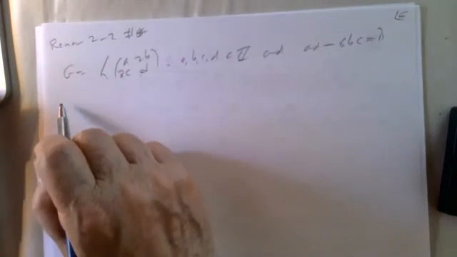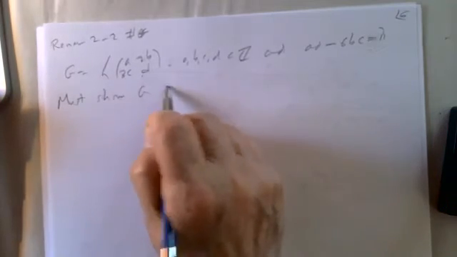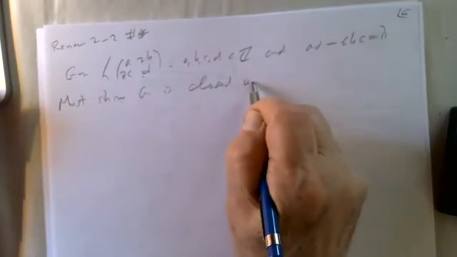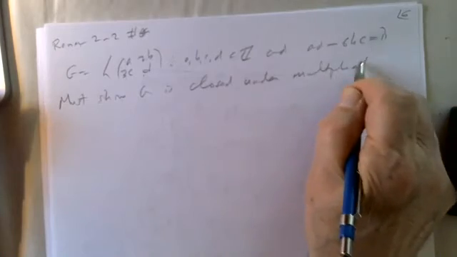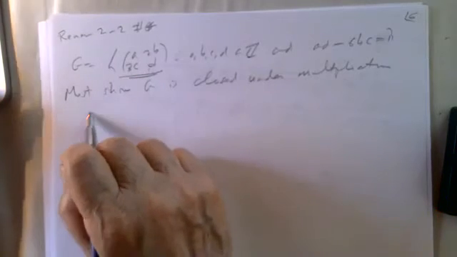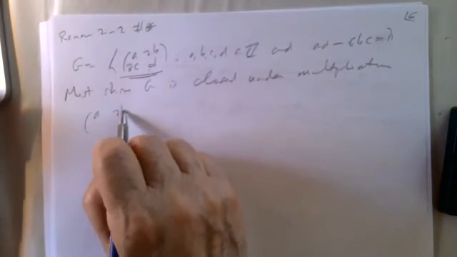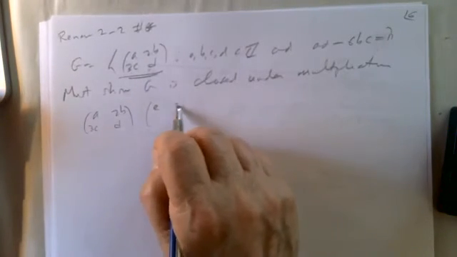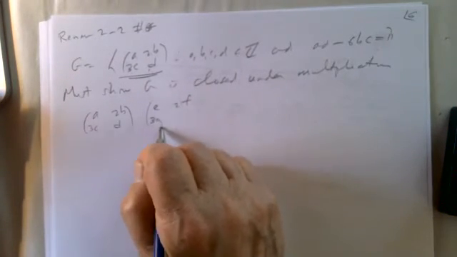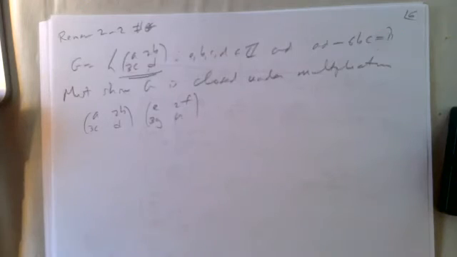So first of all, we want to show that G is closed under matrix multiplication. That is, if we have two matrices of this form, then the product is of this form. So suppose we have a, 2b, 3c, d, and another matrix of that form, e, 2f, 3g, h.